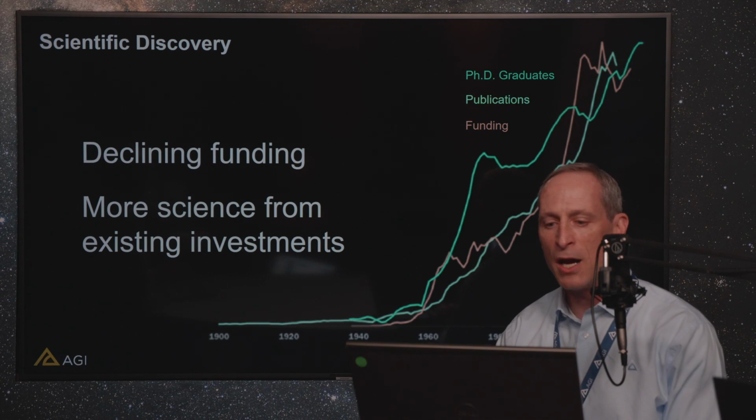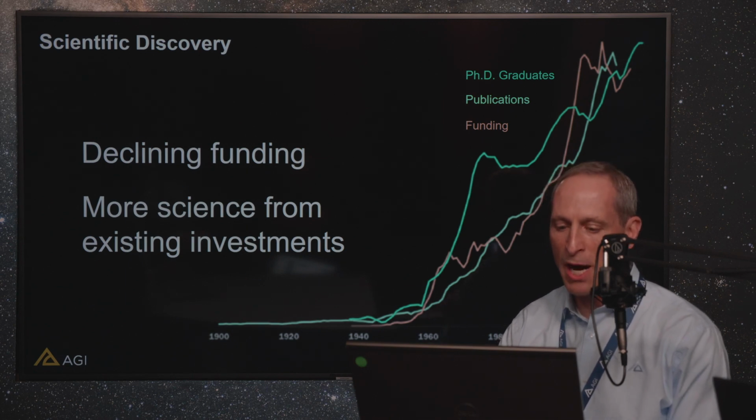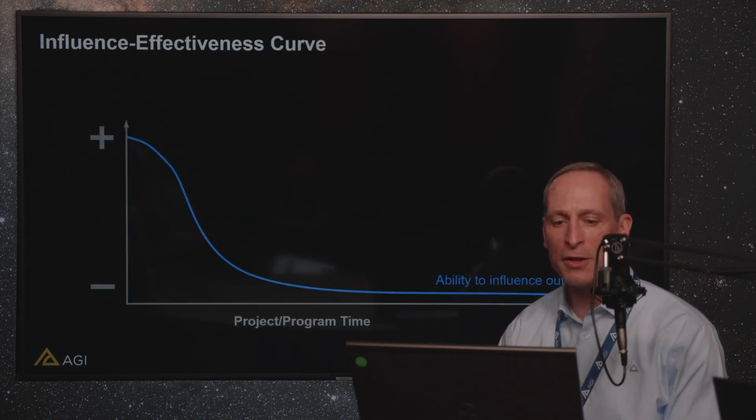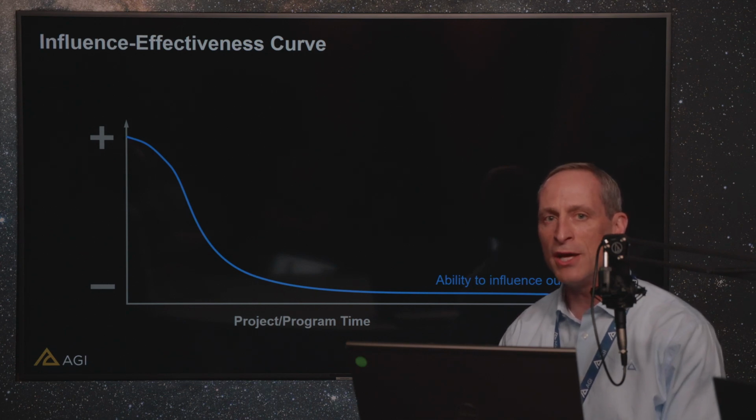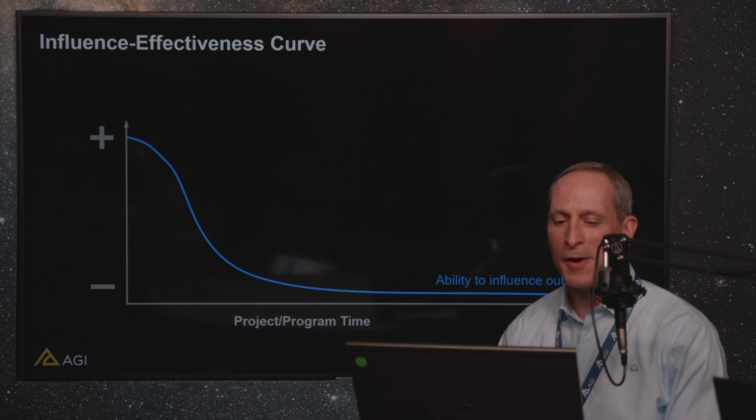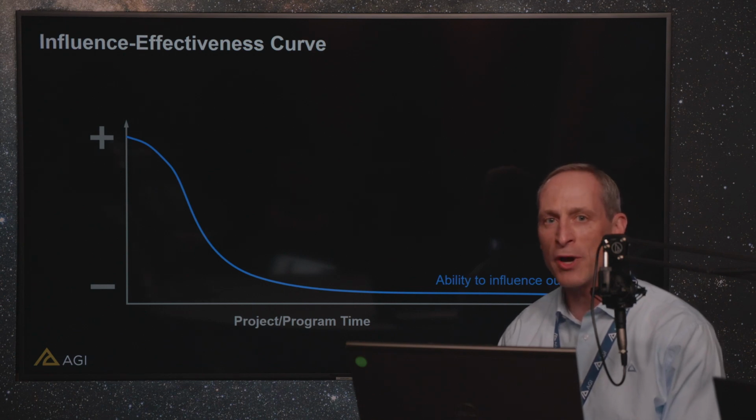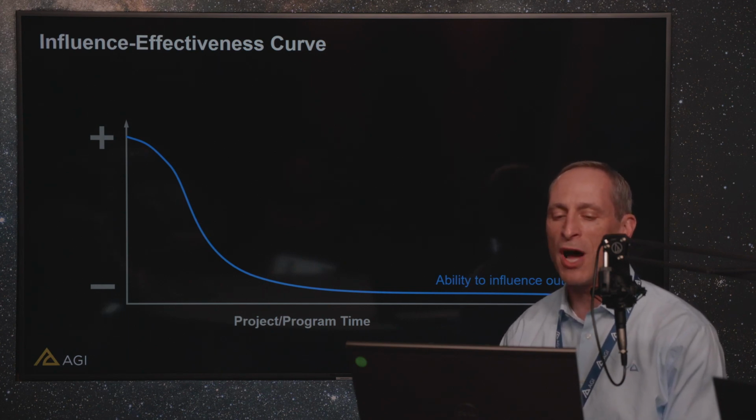And whether we're talking about national defense or scientific discovery, a lot of these lead to making changes that can largely be described by a curve like this influence effectiveness curve. And essentially what we're showing here is a well-known fact for complex programs and initiatives that the ability to influence the outcome is highest at the very beginning before we get far down this process.